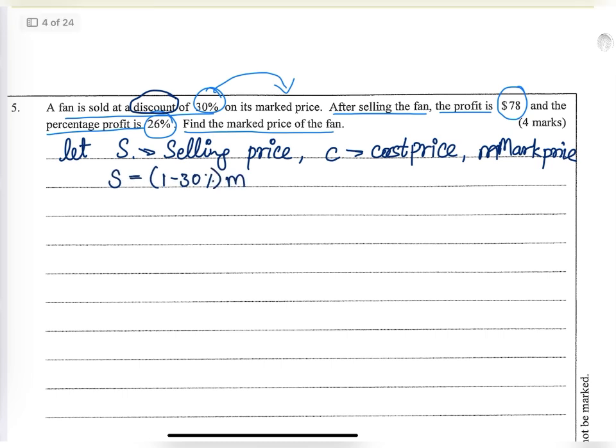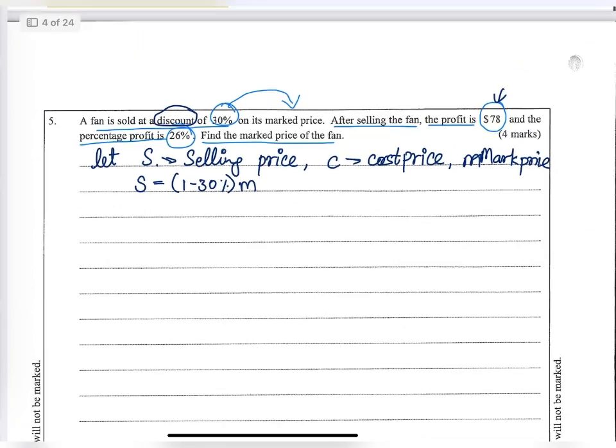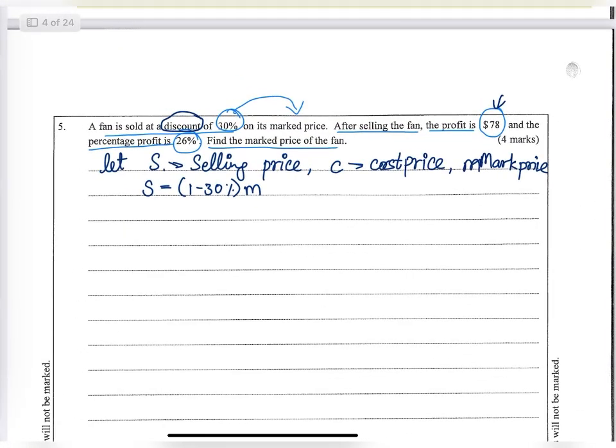Now they said that after selling the fan, the profit is 78 and the percentage profit is 26. We always calculate the profit on the cost price. When we sell something, we get a profit if the selling price is higher than the cost price.